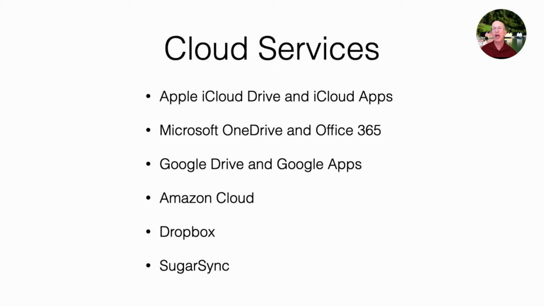Even Zoom, I don't know if Zoom uses Amazon, but they might in some cases. But rather than maintaining their own computers, they buy cloud services from Amazon. A common one used in business is Dropbox, and another one that I use is called SugarSync. They're all cloud services, but Apple and Microsoft and Google also include applications with their clouds.